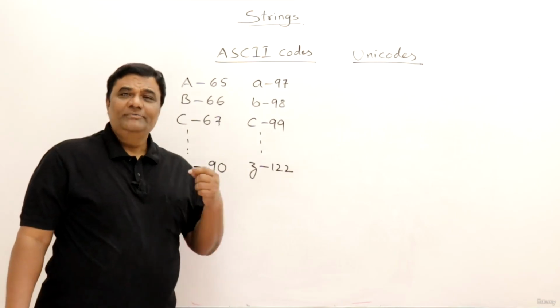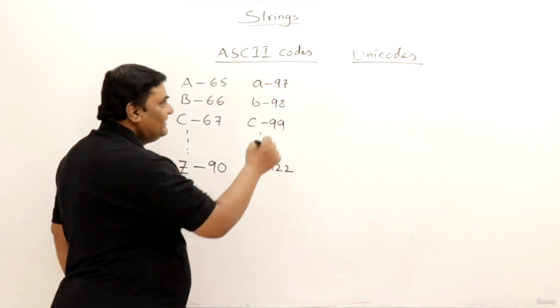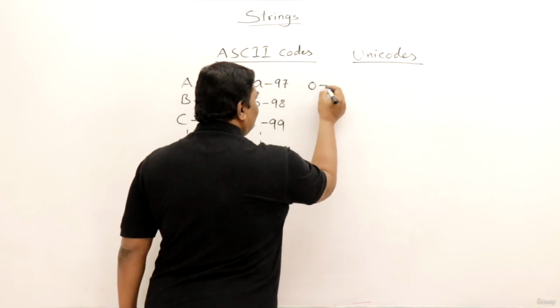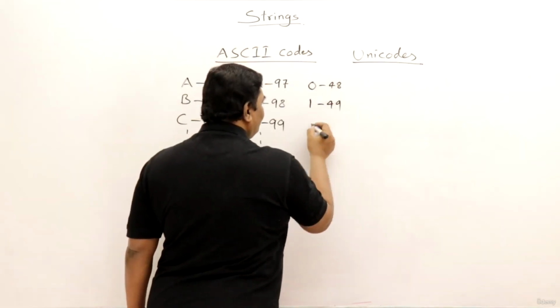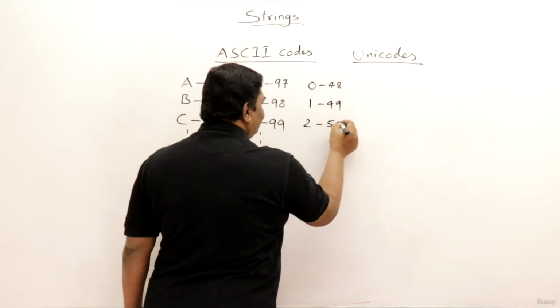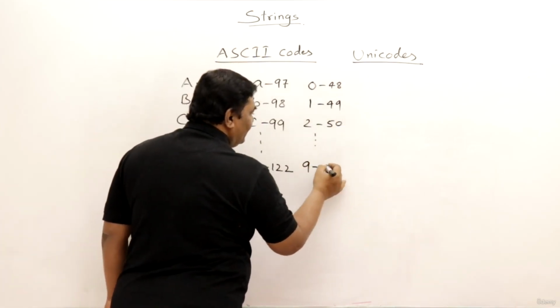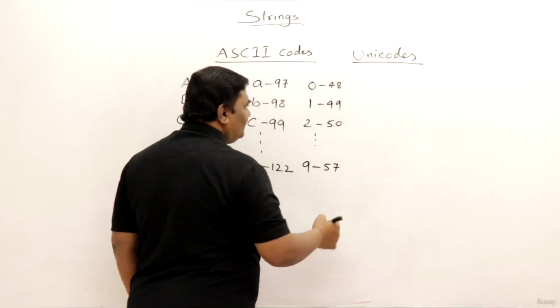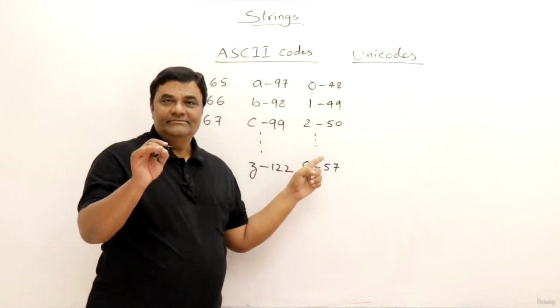Then for numerical symbols like 0, 1, 2, 3 also ASCII codes are there. So what is the ASCII code for 0? It is 48. Then for 1 it is 49. For 2 it is 50 and so on. The last digit is 9. So it is 57. So these are the codes for numerical symbols.